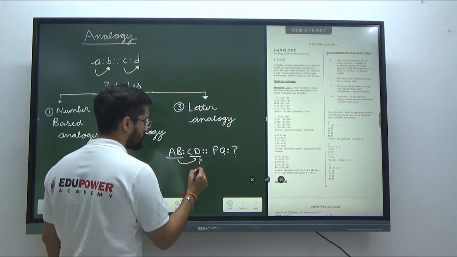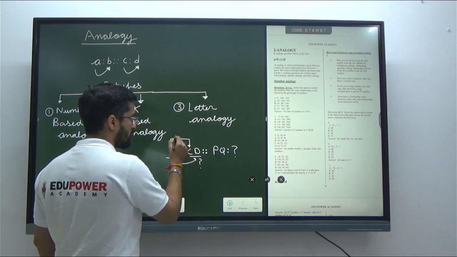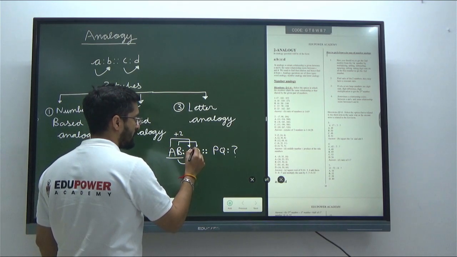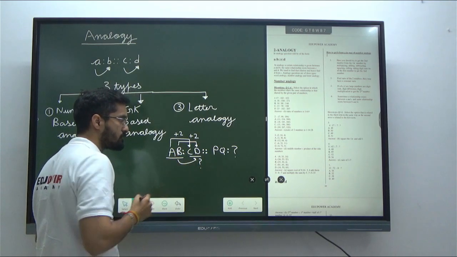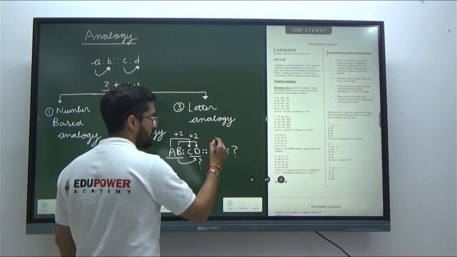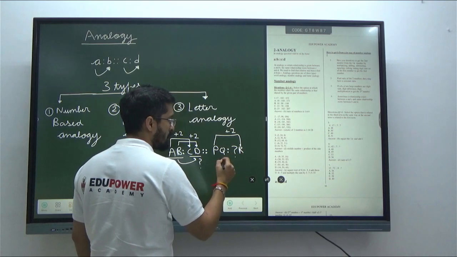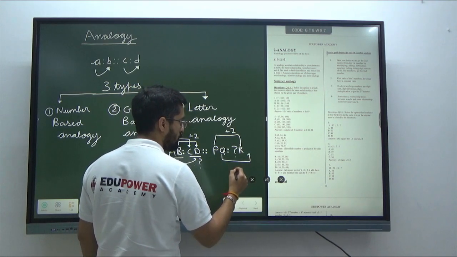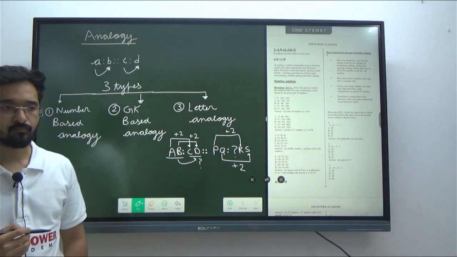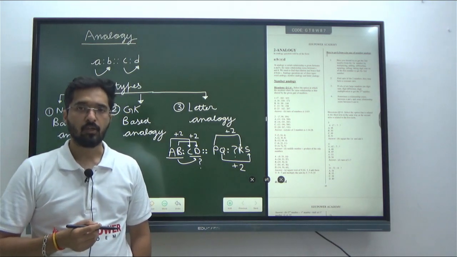If I have a look at it, when we add 2 to A, we get C. Likewise, when we add 2 to B, we get D. In the same way, if we add 2 to P, we get R, and when we add 2 to Q, we get S. So the correct answer is RS. Now we will have a look at all these three types in detail in this lecture.